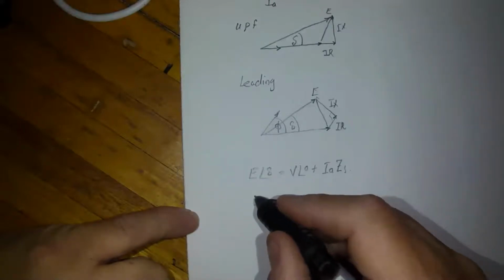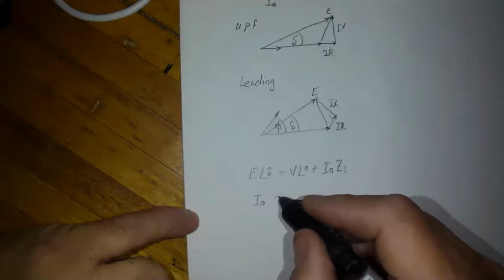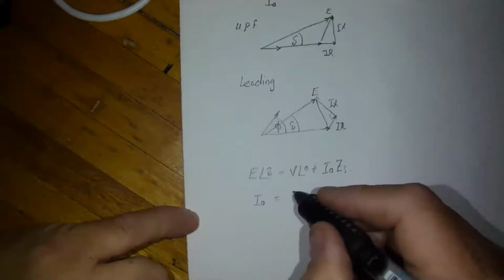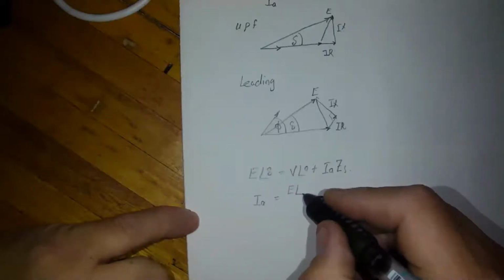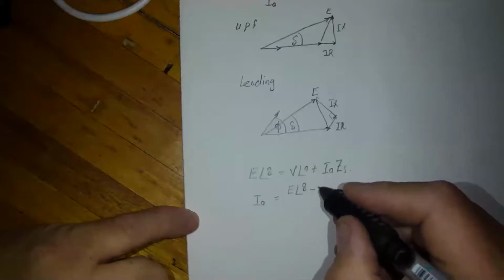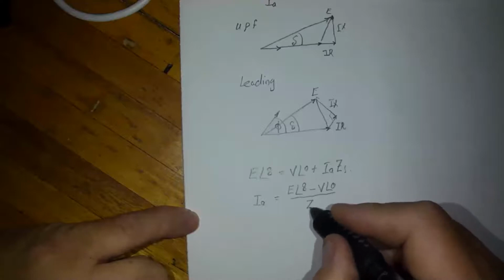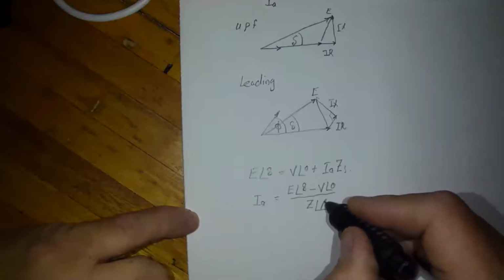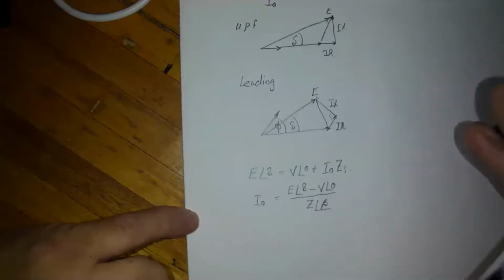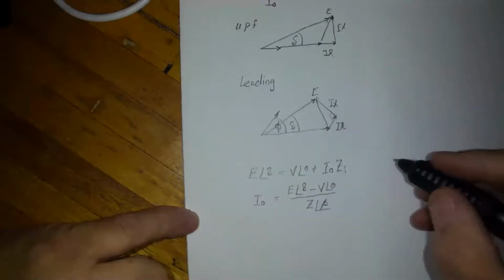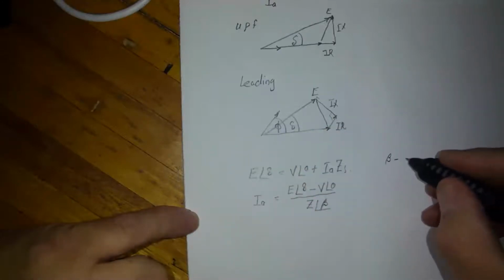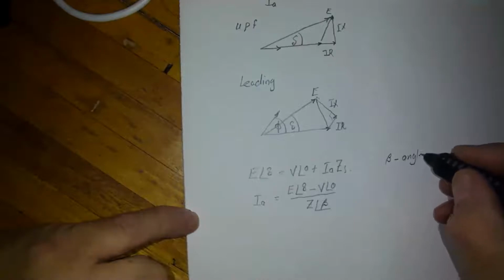Now we want to make IA the subject of the formula. So that means it's E angle delta minus V angle 0 divided by Z angle beta, where beta is the impedance angle of Z.